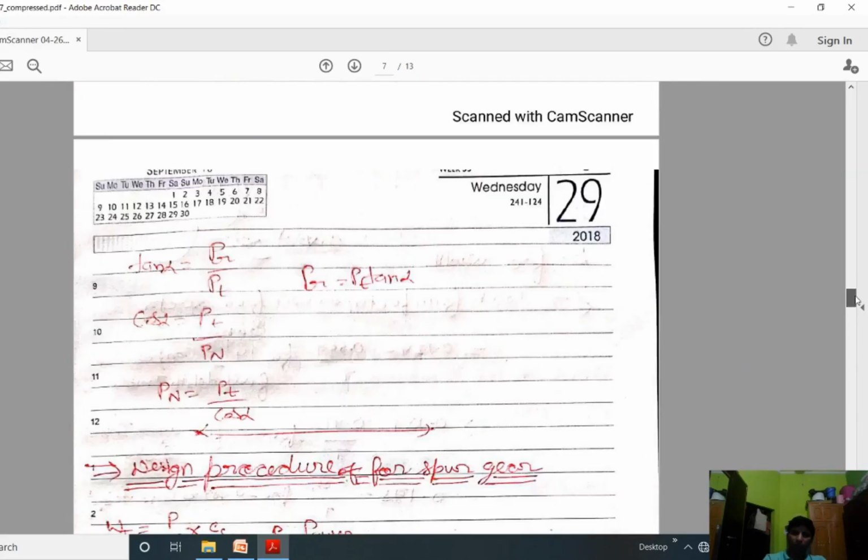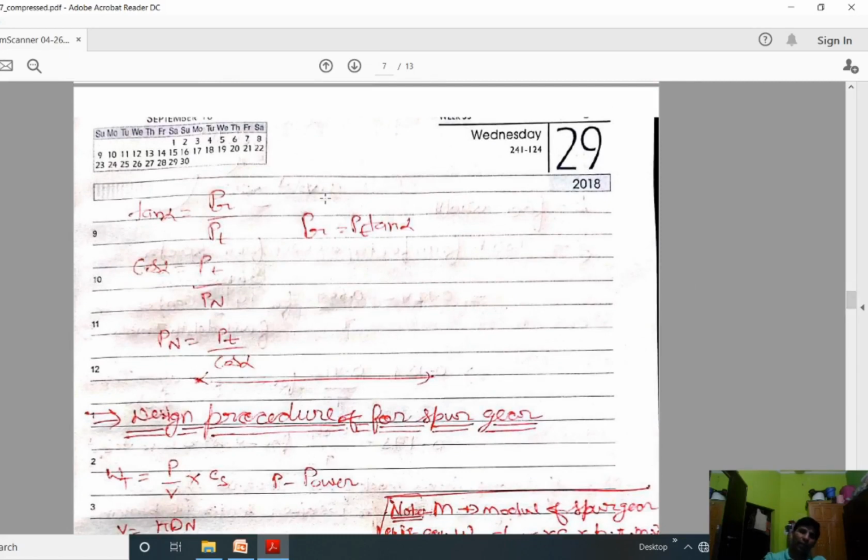And how can we find out the value of PR? PR is the radial force on the tooth of the gear, PT is the tangential force, and alpha is the angle between the normal and the tangential force. So from here we can easily find tan alpha and cos alpha, taken from the above diagrams.